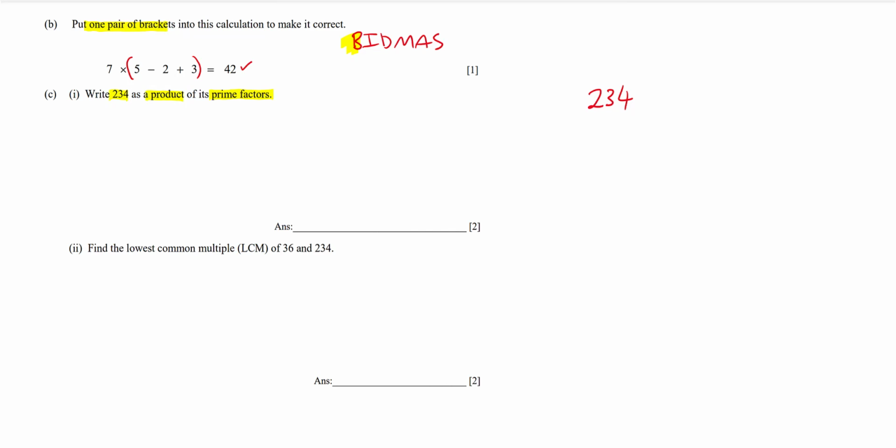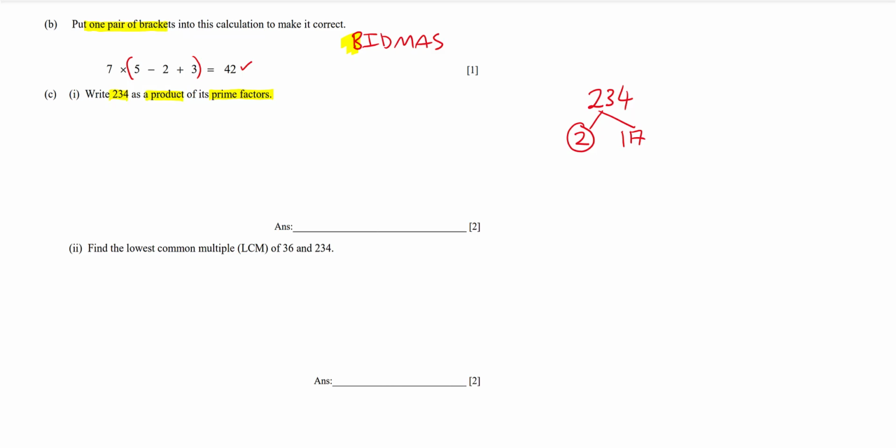So first of all, we can notice that 234 is an even number. So 2 is a prime number. So 2 divides into 234, and 2 times 117 equals 234. So 2 is a prime number, so we'll circle that. 117 is an odd number, so we can't divide it by 2.